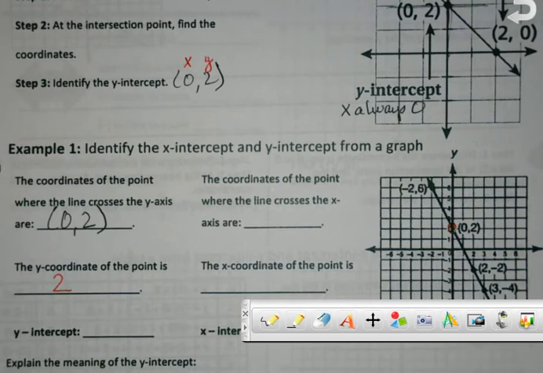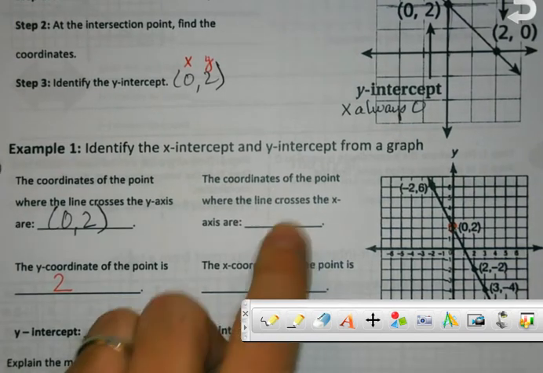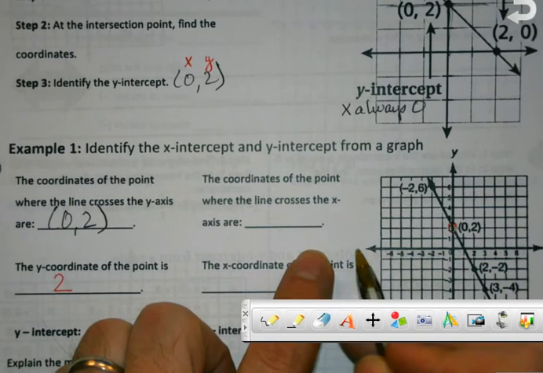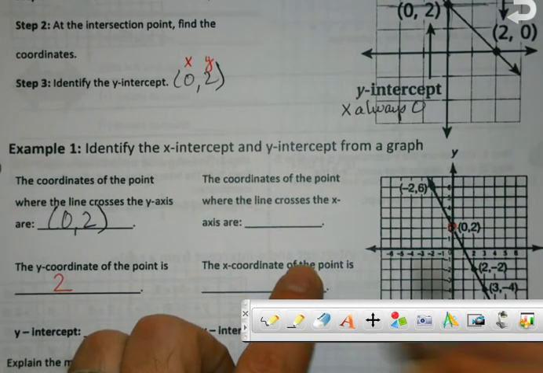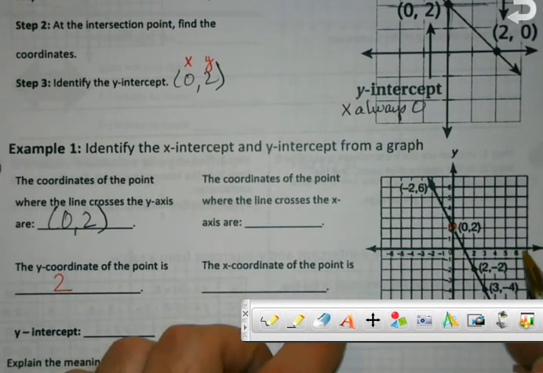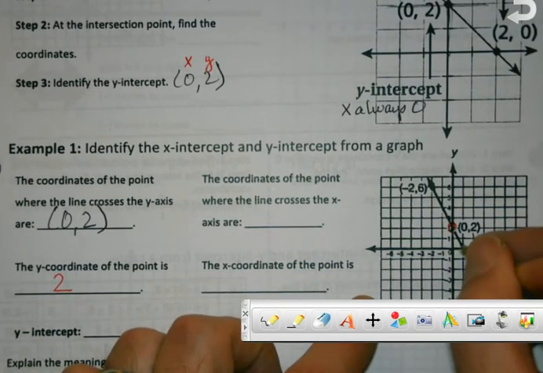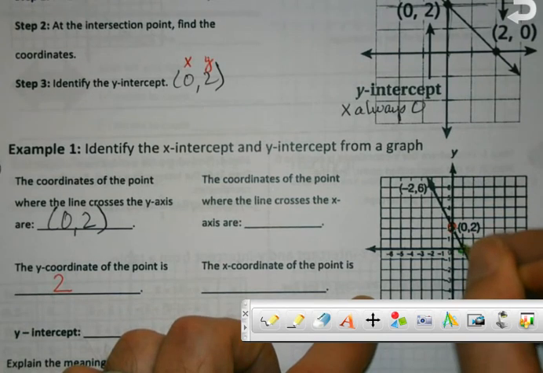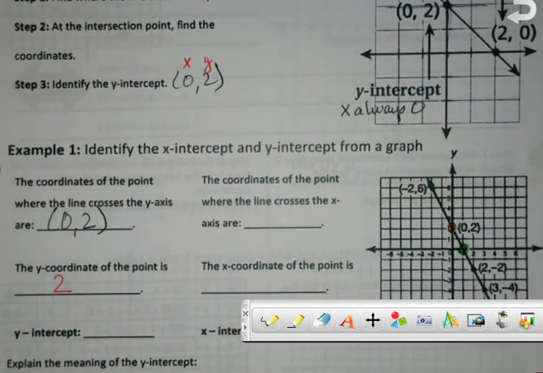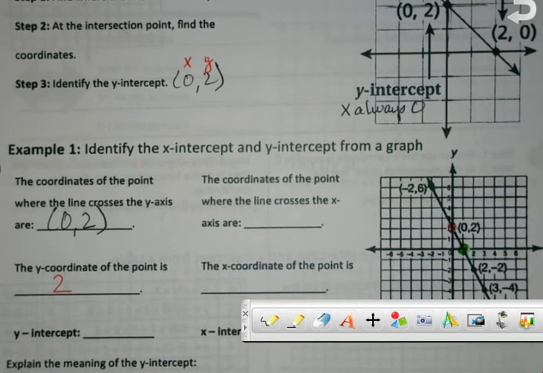Let's see. When I look at the next one, it's asking me to find where it crosses the x-axis. Now, I don't see a big point on this one, but I notice the line crosses right here, just by visually looking at it.